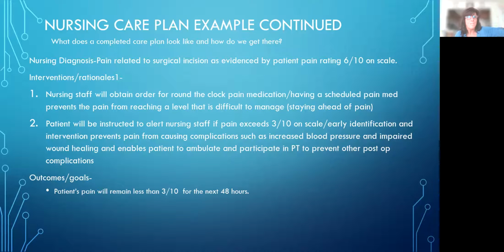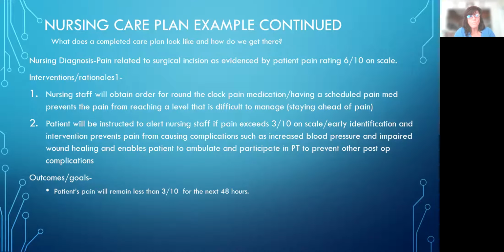And then 2, patient will be instructed to alert nursing staff if pain exceeds a 3 out of 10 on the scale. Why? Early identification and intervention prevents the pain from causing complications like increased blood pressure and impaired wound healing. And also, if we manage the pain, the patient is more likely to ambulate and participate in physical therapy, and that prevents other post-op complications.